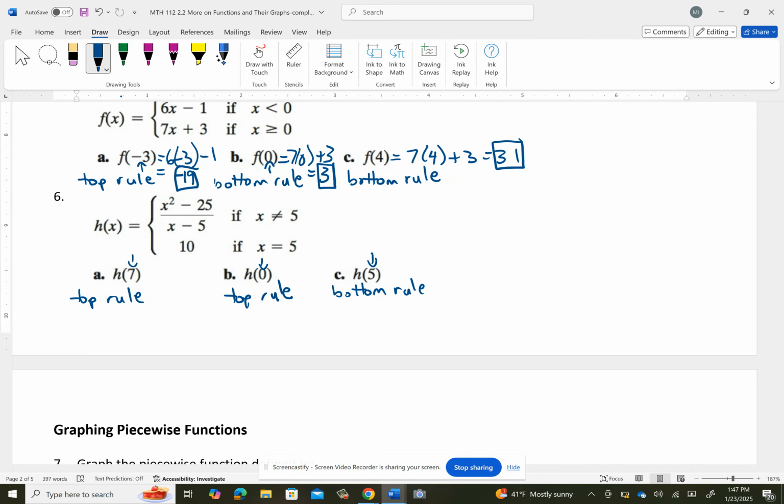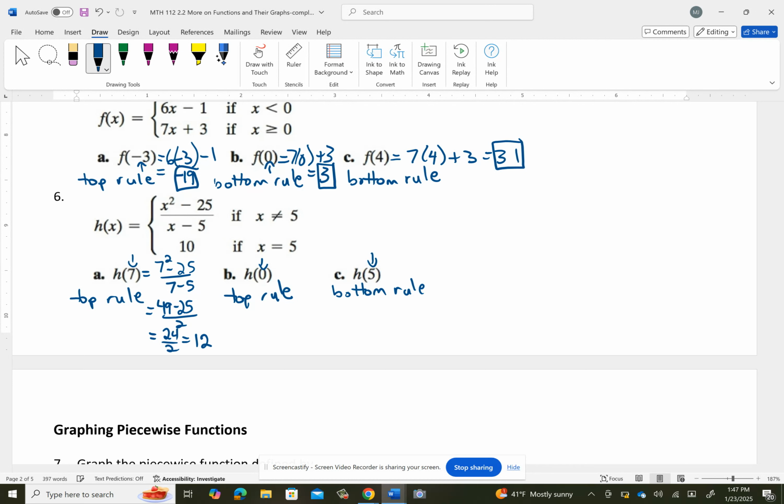Okay, so if I'm doing h of 7, then I need to be doing 7 squared minus 25 over 7 minus 5. So I'm going to have 49 minus 25 over 2. And 49, take away 25, would be what? 24. So that's 24 divided by 2, and that would be 12.